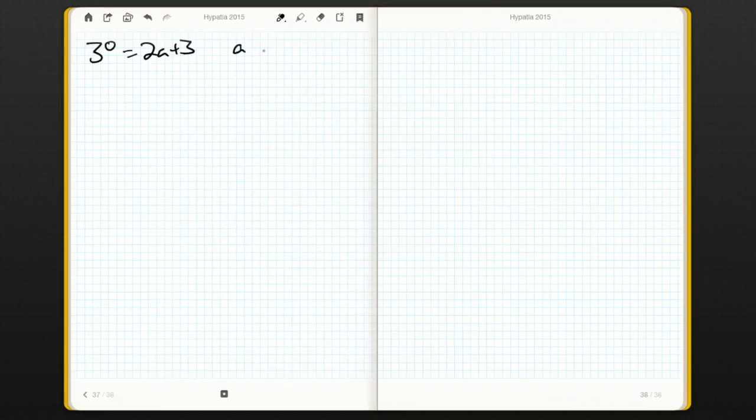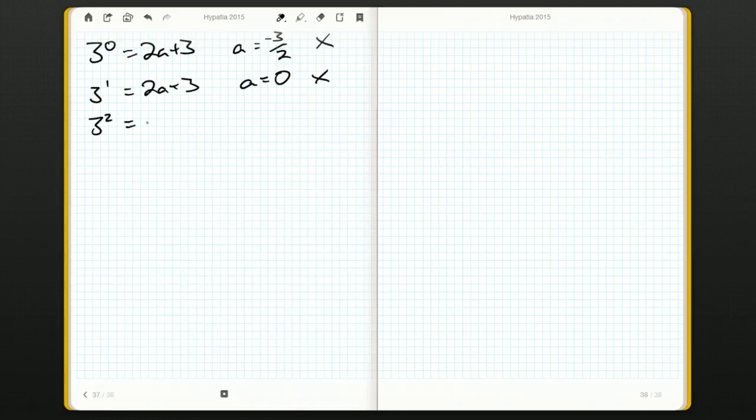That would mean that A is equal to negative 3 over 2. That can't happen. A's got to be a positive integer. Oh, 3 is equal to 2A plus 3. That also is not going to happen. Here, A would be equal to 3, and that one would work.